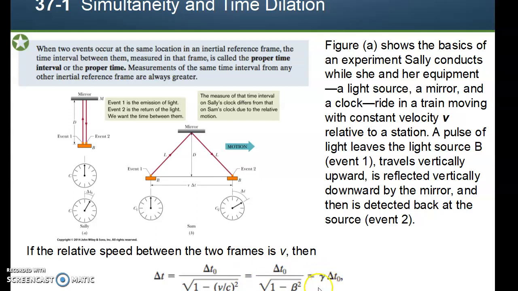So you've got your speed parameter, beta, which is v over c, and you've got your Lorentz factor, gamma, which is 1 over the square root of 1 minus beta squared. Beta itself is the speed parameter. Sorry about that.